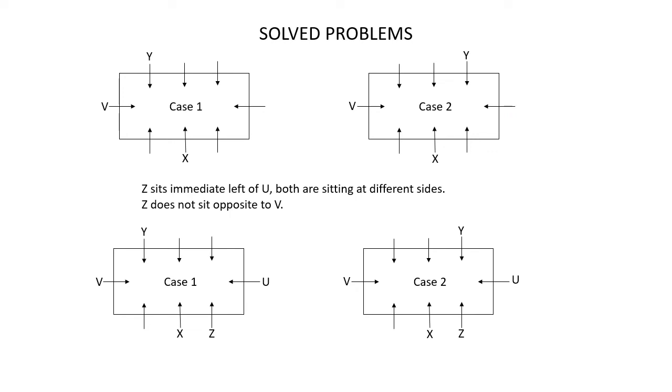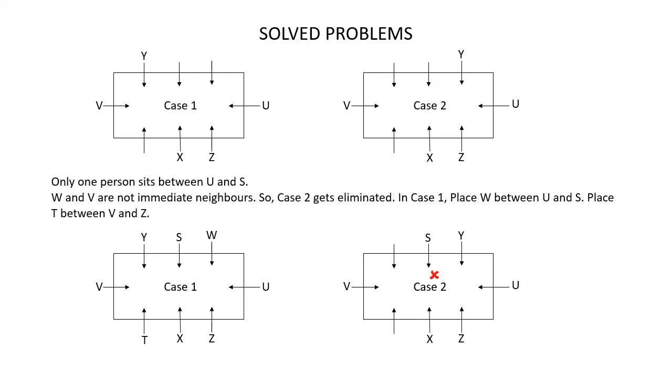So this is the position for U. And immediate left of U is this position for Z. So mark U here and Z here in case 2. So this is the seating arrangement in case 1 and case 2 as of now. This is case 1 and this is case 2.